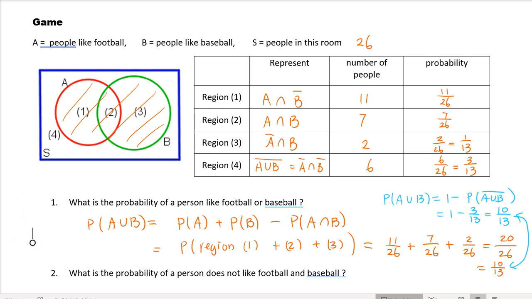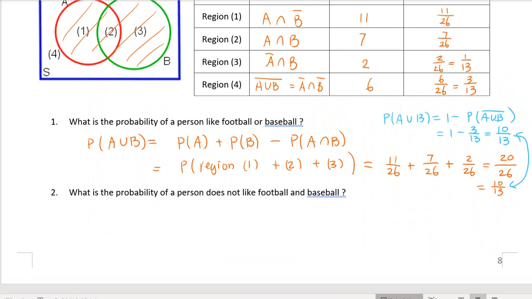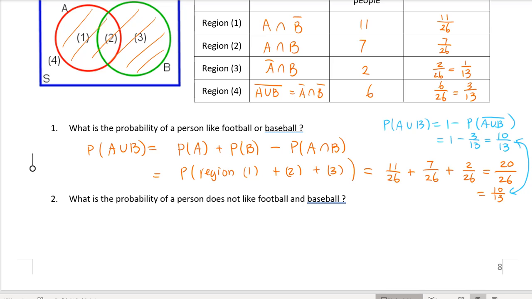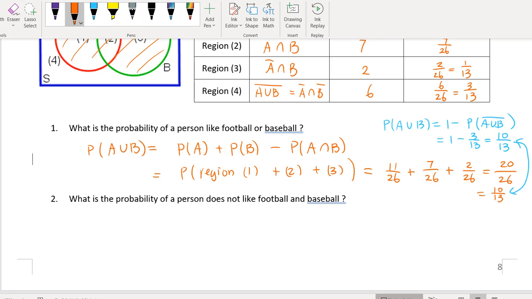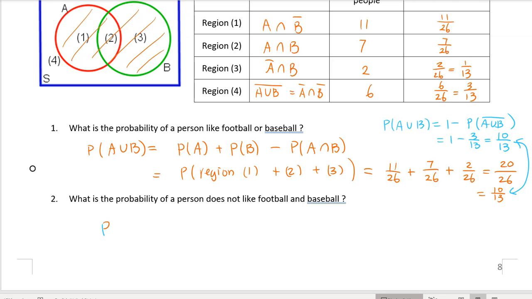Alright, part 2. What is the probability of a person who does not like football and baseball? Okay, so here, let's see.